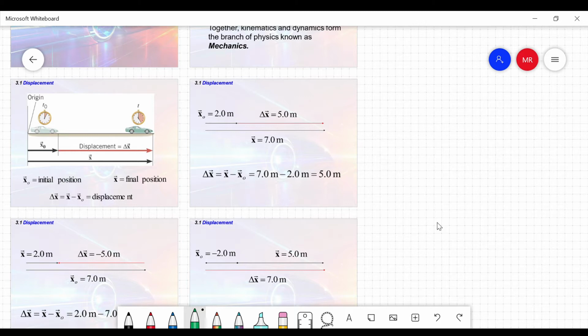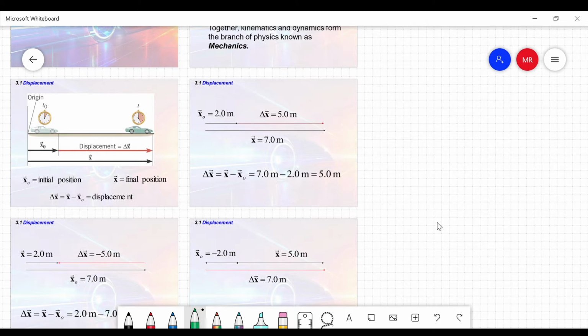So, going to the right or east is positive, going to the left or going west is negative, going up or north is positive, and going down or south is negative. Okay, so like for example, in this figure, if you'll try to look at the car, so here's displacement.